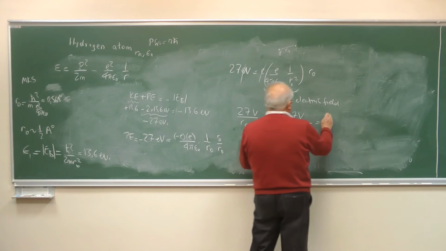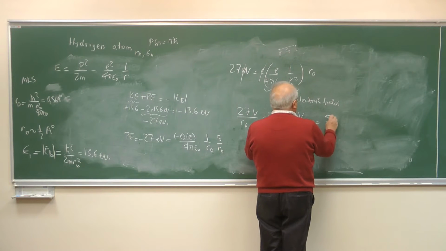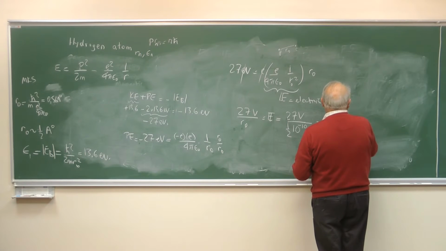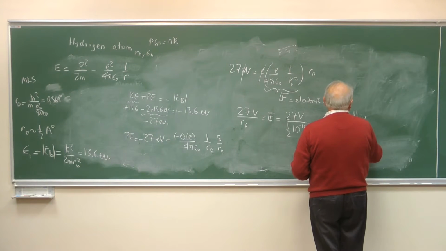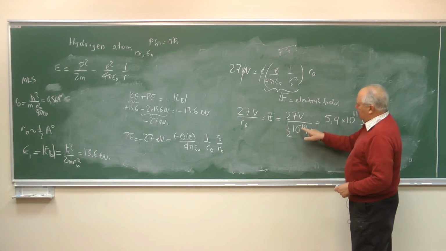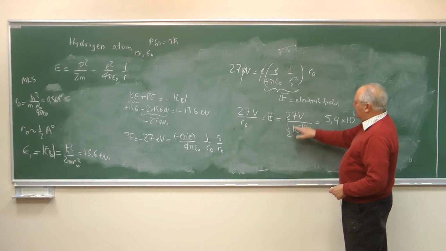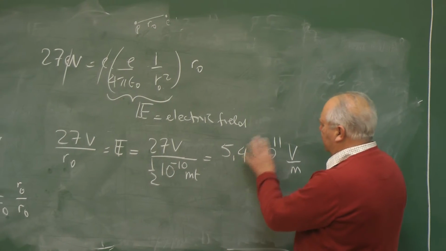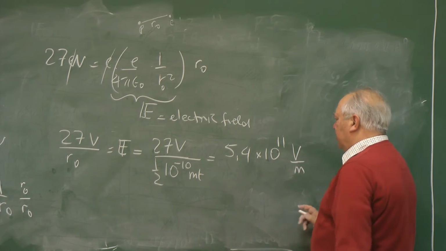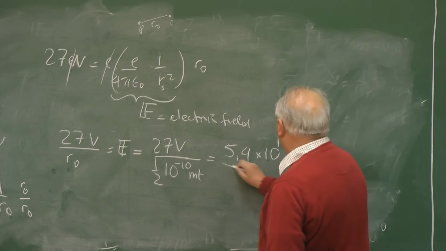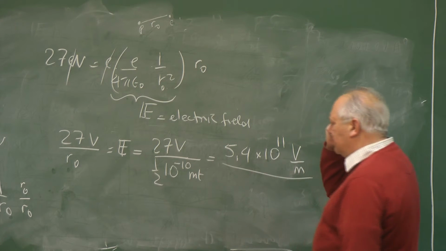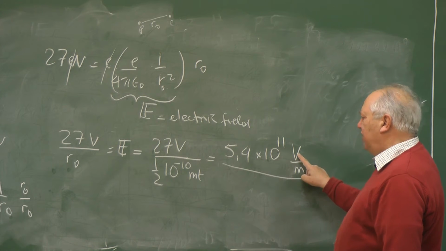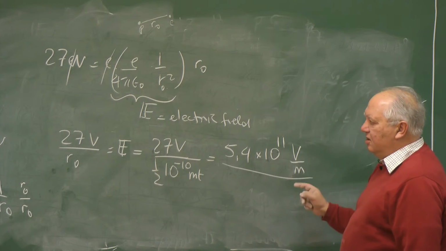So it is 5.4 times 10 to the 11 volts per meter. This is 54, I divide by 10, multiply by 10. So this is the electric field at the site of the electron. Units being volts per meter in the MKS units.